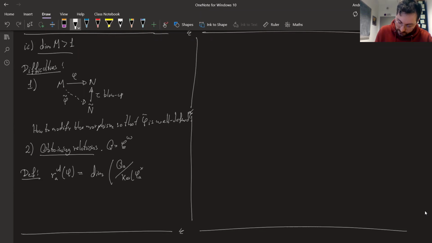We take the germ, take it as the pullback in terms of the local rings, and take the kernel of it. This definition gives me what is called the analytic rank.